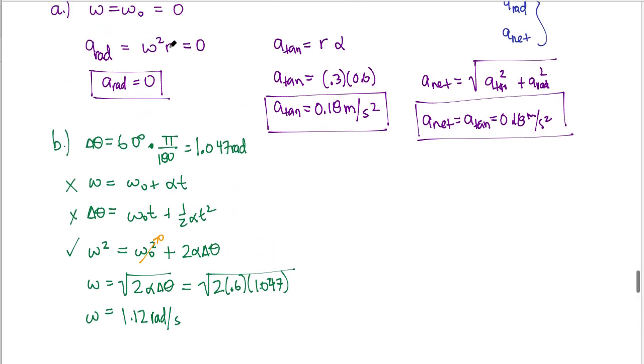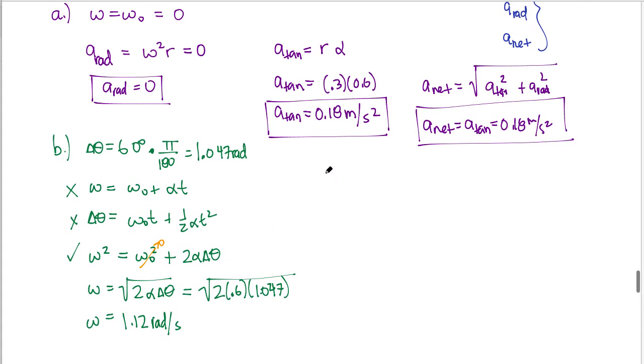Now we can go in and calculate our radial acceleration. So our radial acceleration is going to be omega squared r, which in this case is going to be 1.12 squared times our radius of 0.3 meters. So our radial component of acceleration ends up being approximately 0.377, and that's meters per second squared.